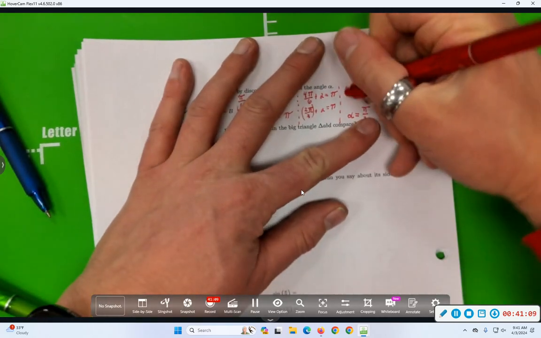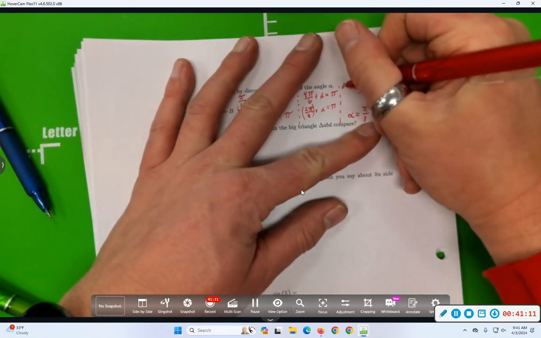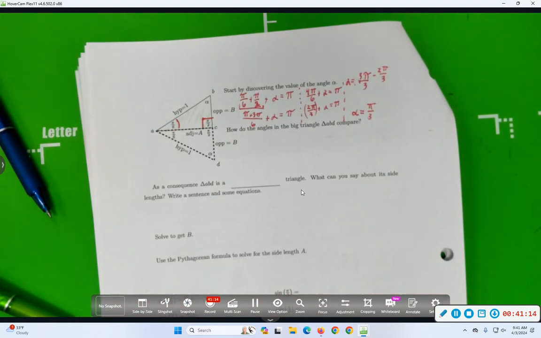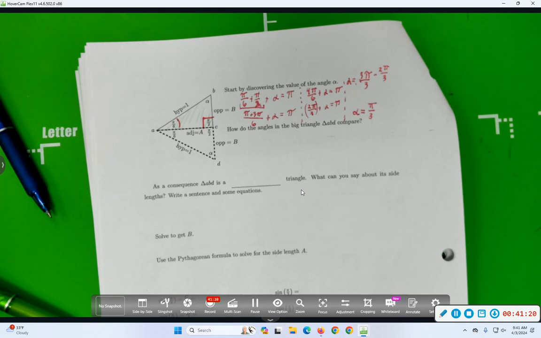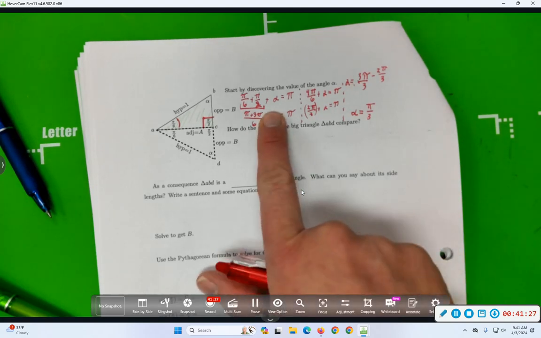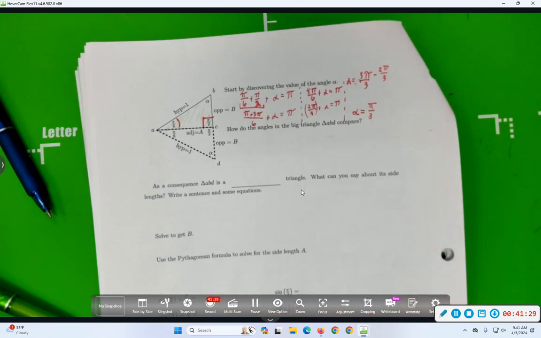Pi is the same as 3 pi over 3. So if you have 3 pi over 3's and you take away 2 pi over 3's, how many pi over 3's are you left with? Just 1. So alpha is pi over 3. Was that helpful, I hope? Excellent. The only thing that made this difficult is there's a pi sitting there and there are some fractions. But otherwise, it's straightforward algebra, I hope.